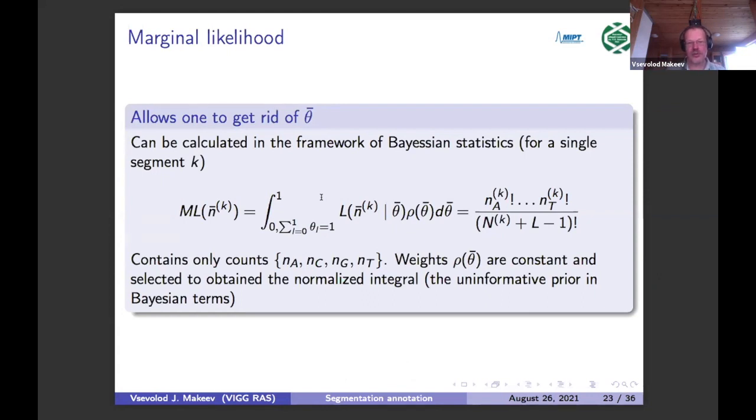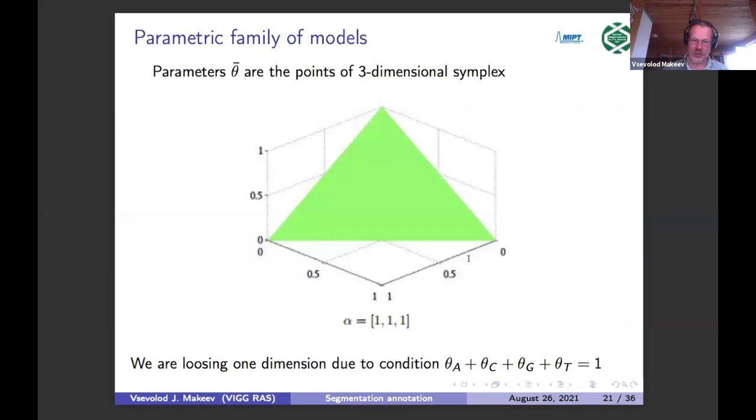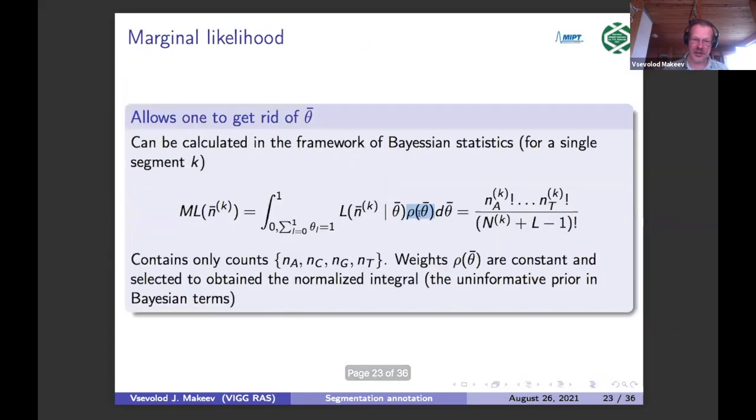But we are not going to do the standard Bayesian statistics trick of calculating priors and posteriors; we simply marginalize over some prior distribution and consider this marginal likelihood. So we start from some prior distribution, and we can in this case take a non-informative prior, just a homogeneous distribution over all this green space, and consider this kind of integral of the values of likelihood over all possible prior values as an objective function.